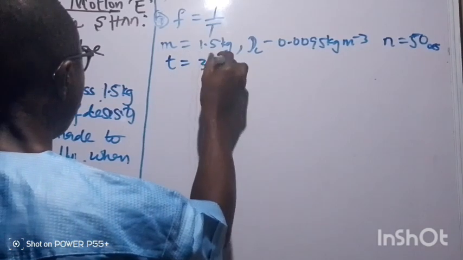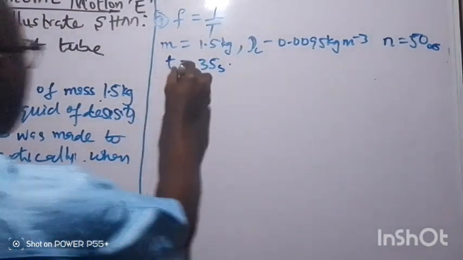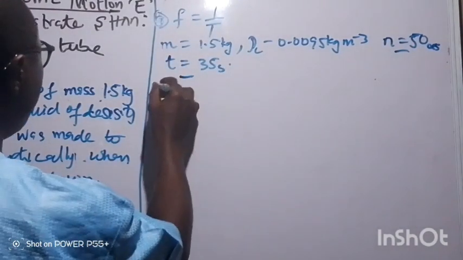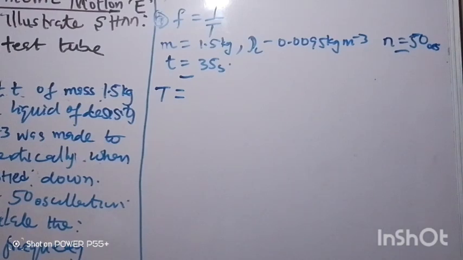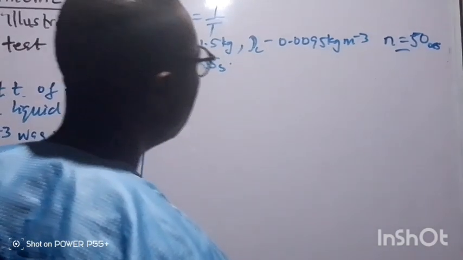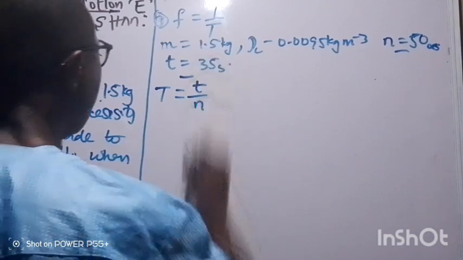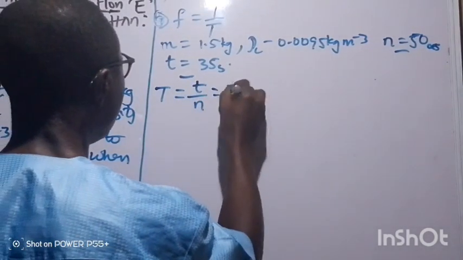So using this one and this one, we can now say that capital T will be equal to small t over N, that is the time to complete 50 oscillations over the number of oscillations. That will give us 35 over 50.